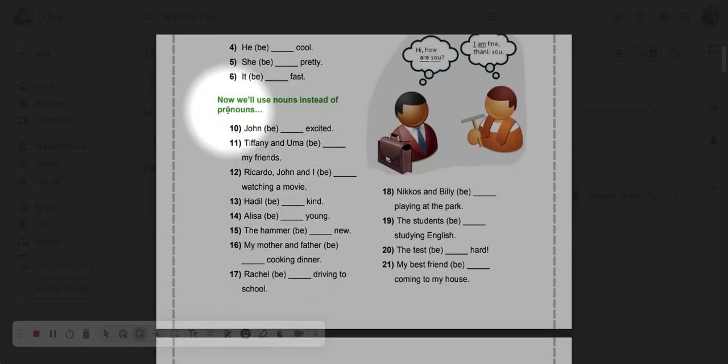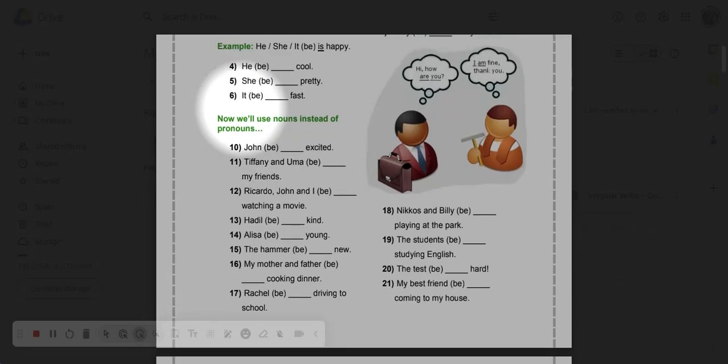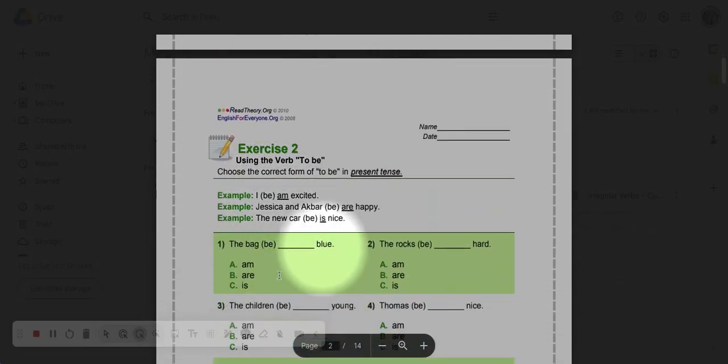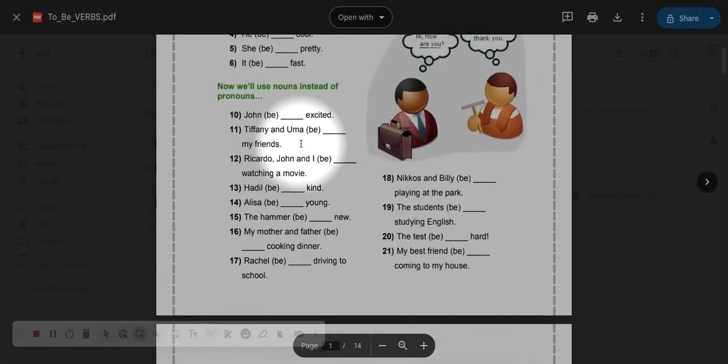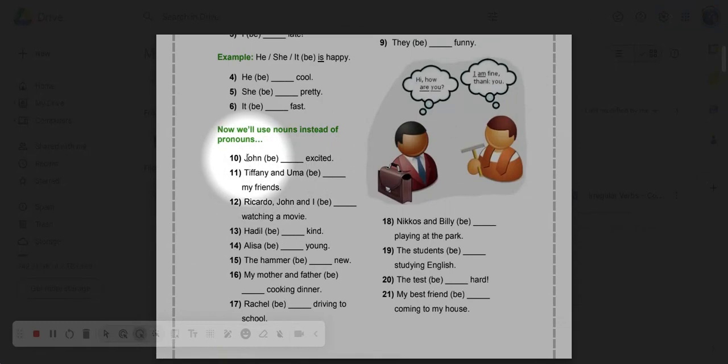Now we'll use nouns instead of pronouns. And again, I'm going to do these for you or with you. And then as we go further down here, I'm going to let you choose the answer before I tell you. Number 10, John is excited. What I like to do when I am checking myself, when I'm reading or especially when I'm writing, is replace the noun with a pronoun.